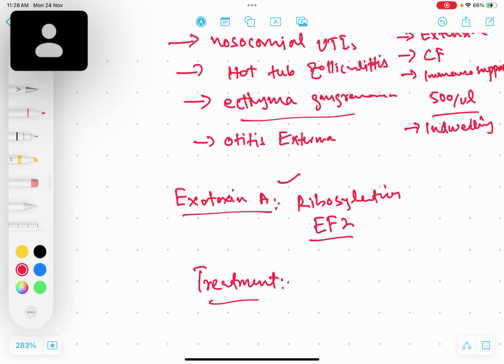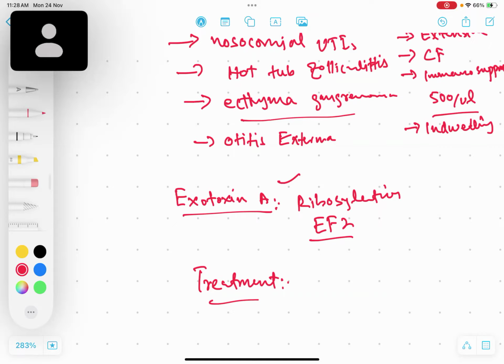So for example, we can give anti-pseudomonal penicillin, for example, piperacillin or ticarcillin, etc. Okay. You can also give aminoglycosides.